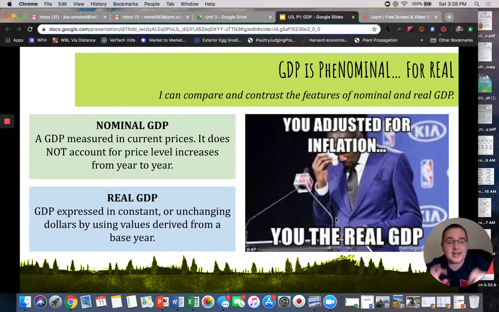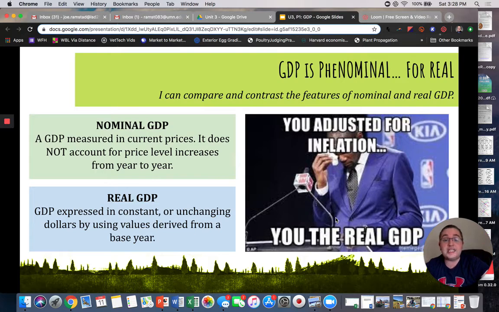Nominal GDP is kind of like the fake GDP. It is GDP measured in current prices that does not reflect or account for price level increases or decreases from year to year. Therefore, nominal GDP is considered to be not as accurate. However, real GDP is expressed in constant, unchanging dollars by using values derived from a base year.